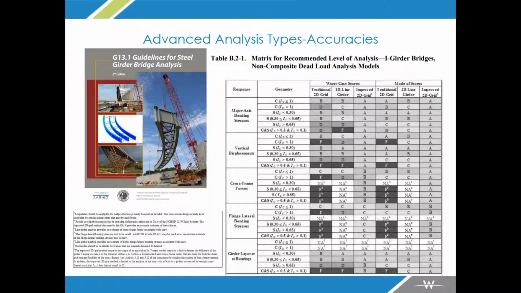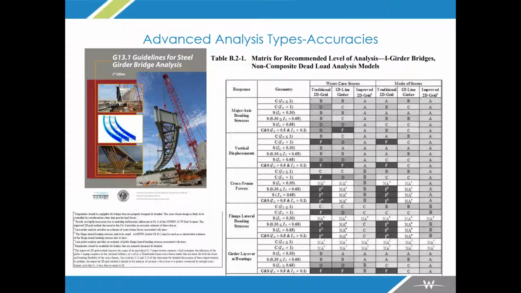It's really the one you're most often doing in MIDAS: the improved 2D grid, where you're doing an eccentric beam from your deck, and you're fully implementing the 3D cross-frame stiffness. So even though the beam might be a single element, and it's really more of a grillage at its core as far as the beam goes, you're incorporating the full stiffness of the cross frames. And that's the real thing that makes the improved 2D grid, 2.5D, grillage plus, whatever you want to call it, different from that traditional 2D grid.